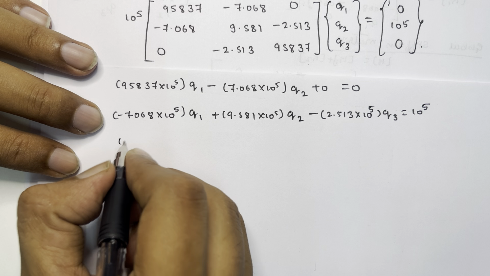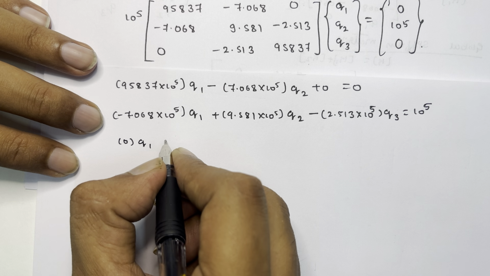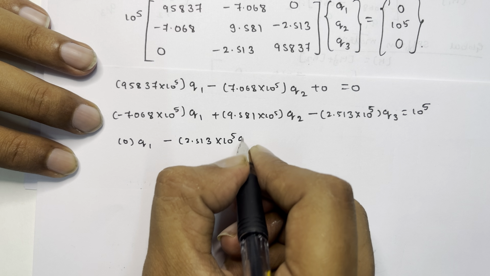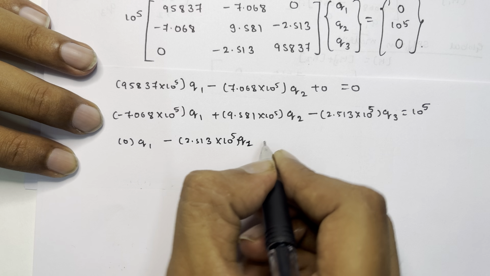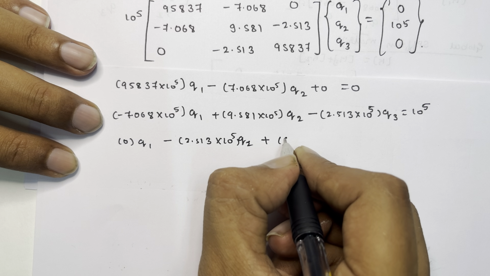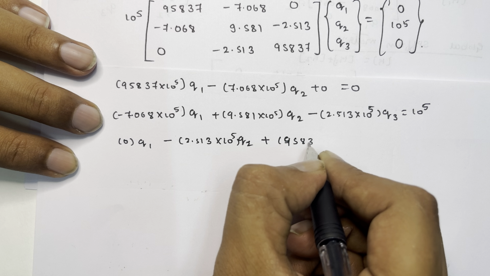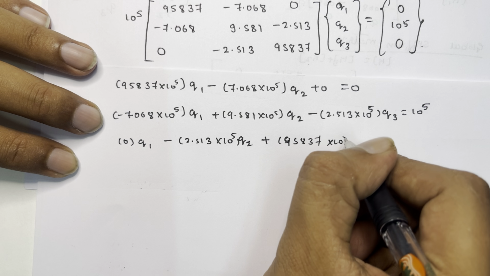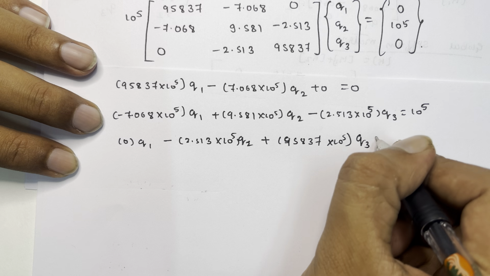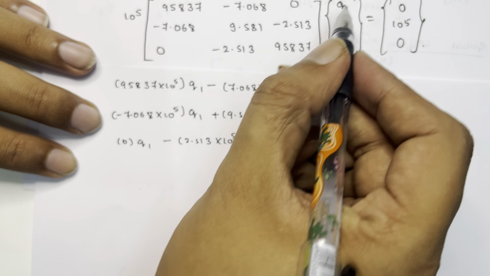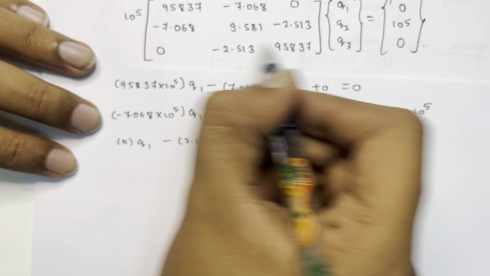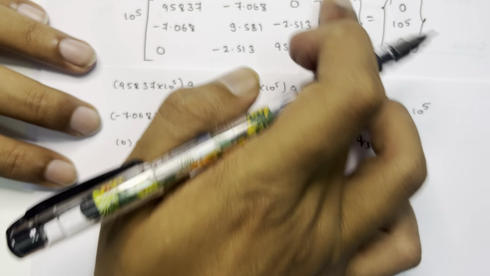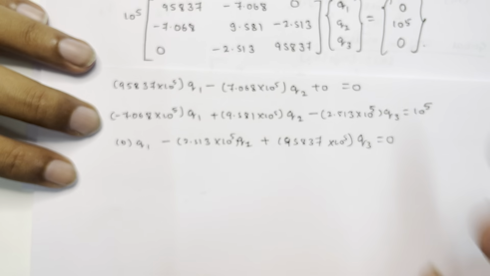Last equation, 0 into q1 minus 2.513 into 10 raised to 5 q2 plus 9.5837 into 10 raised to 5 into q3, that is equal to 0. First row into first column, second row into first column, third row into first column, since we have only one column.